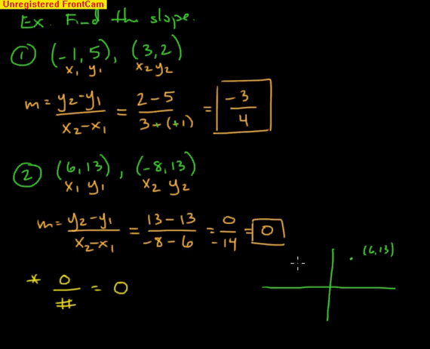And then negative 8, 13. If I draw a line through them, we get a special kind of line. We get a horizontal line.